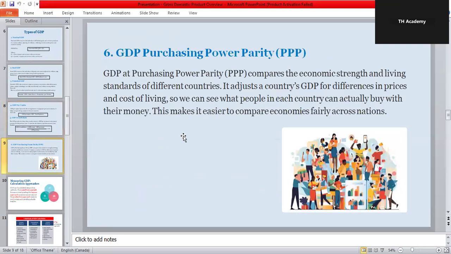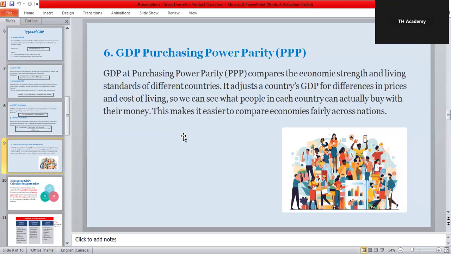Now we have GDP at purchasing power parity. Sometimes comparing GDP across countries is not fair because prices differ from one country to another. So that's where purchasing power parity comes in. Purchasing power parity adjusts for differences in cost of living and prices between countries.